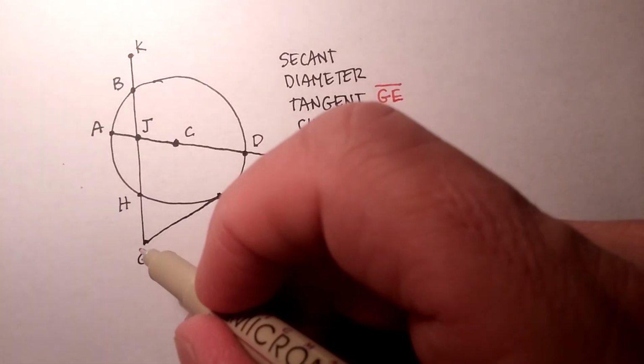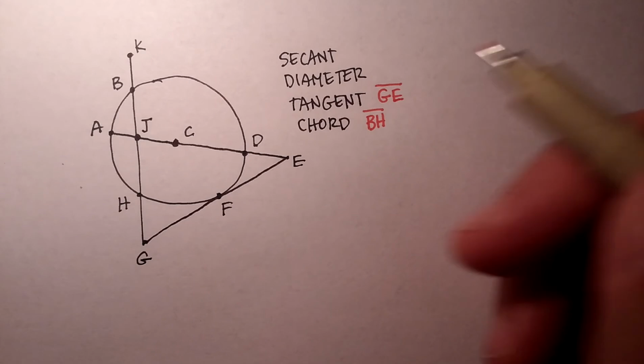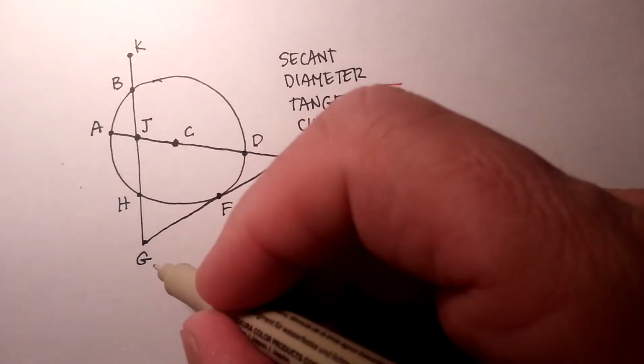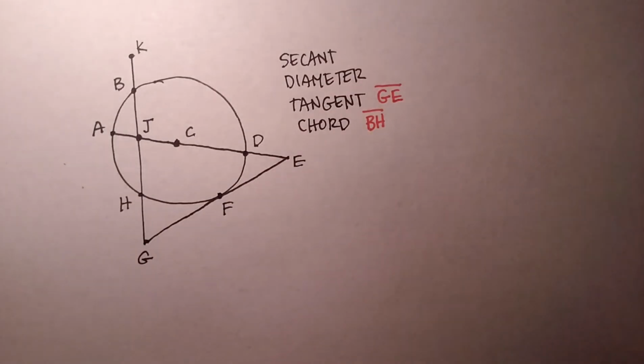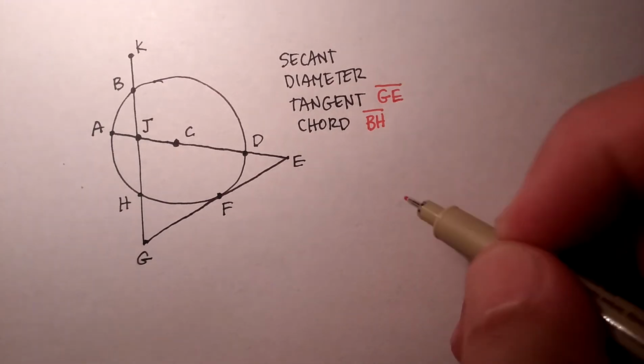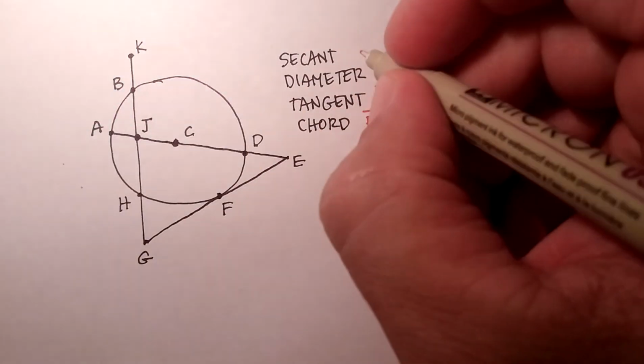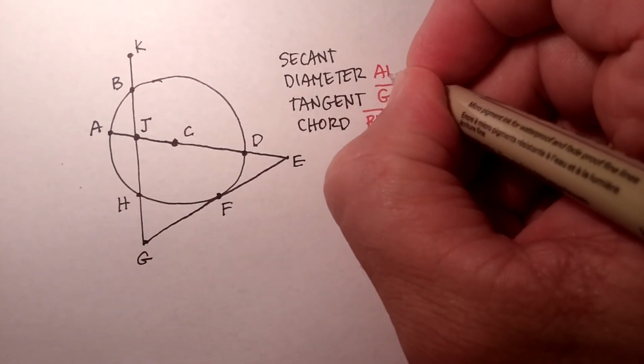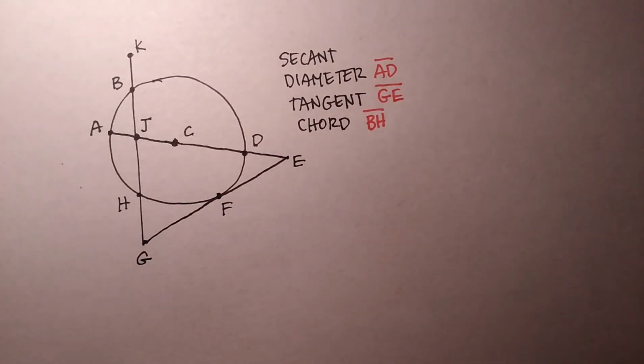Could you say line segment GF? Maybe, or FE? Maybe, but the better one is actually GE. Okay. Diameter would be line segment AD. And the secant would be line segment KG.